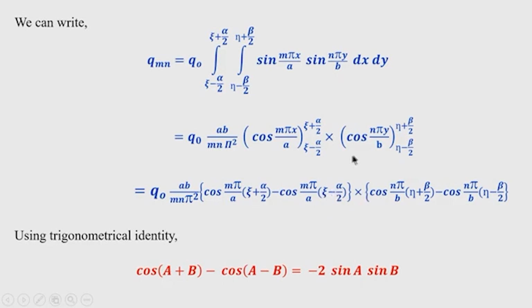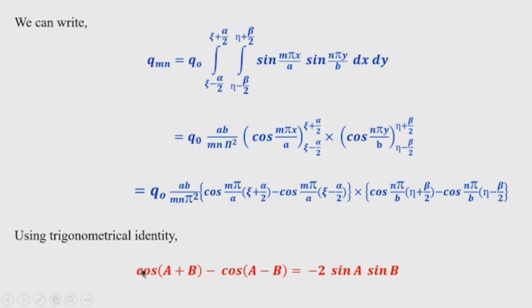Similarly, for integration with respect to y, the result will be cos(n pi by b into (eta plus beta by 2)) minus cos(n pi by b into (eta minus beta by 2)). The coefficients are known quantities: q naught is known, a and b are known, m and n are integers, and pi is also known.